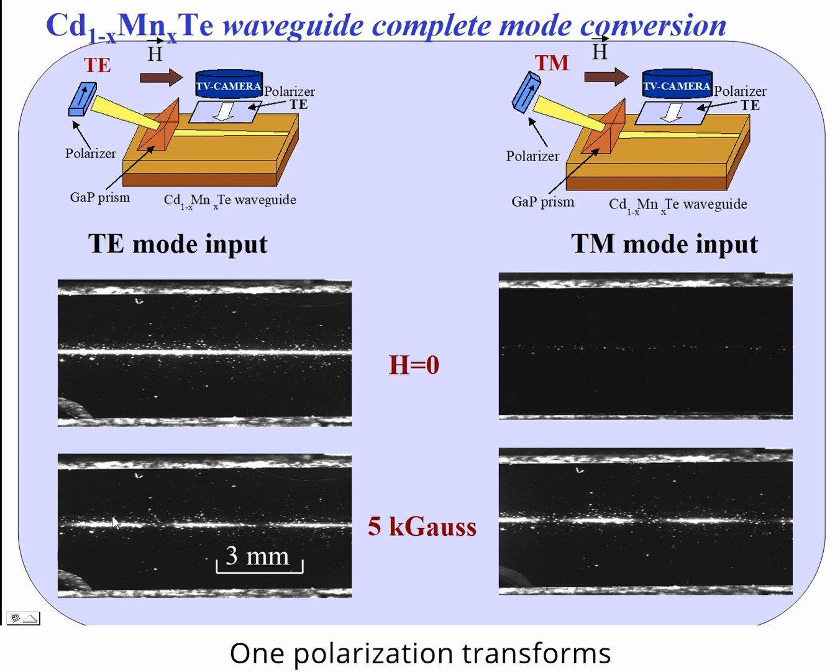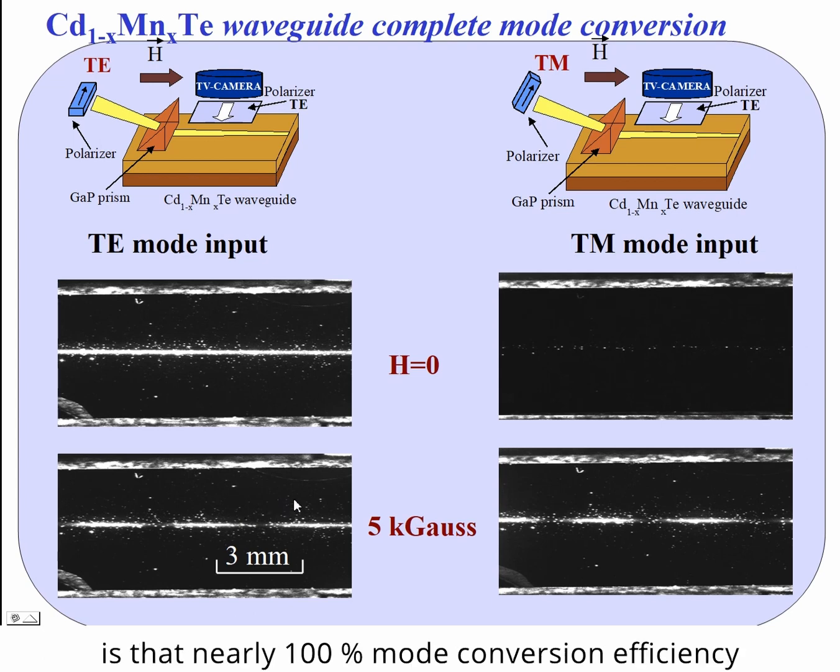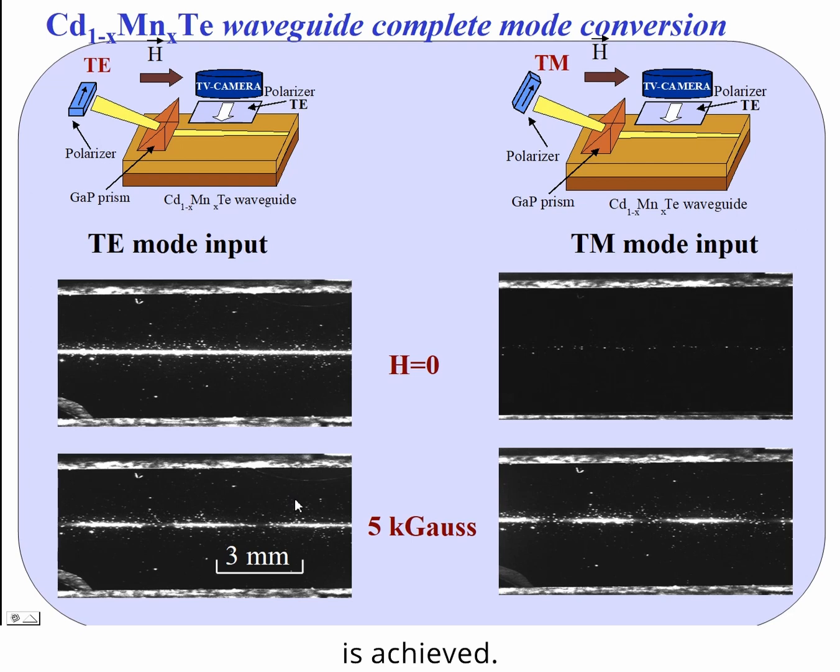One polarization transforms into the orthogonal polarization with propagation of the waveguide mode, and vice versa. The second result which you can see is that nearly 100% mode conversion efficiency is achieved. You can see that there is practically no light at the minimum. It means full conversion.